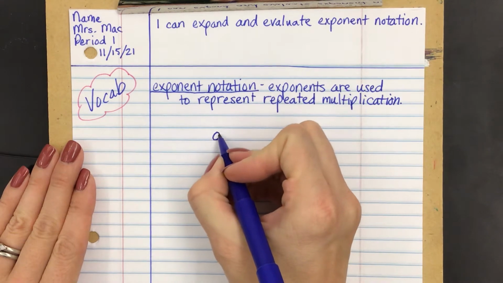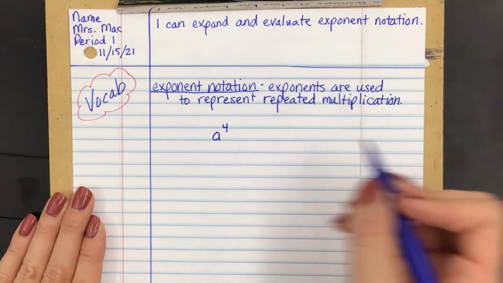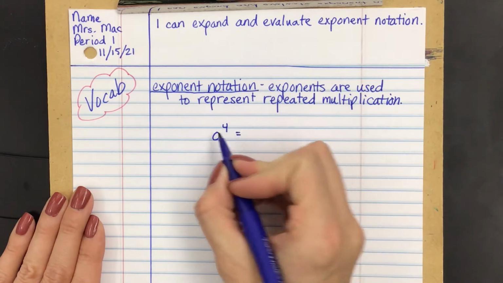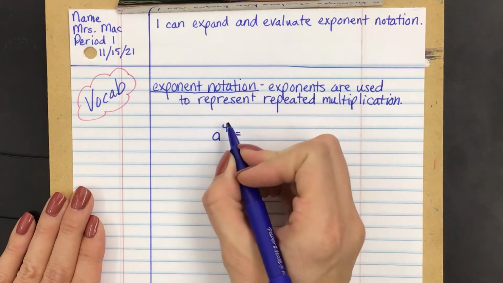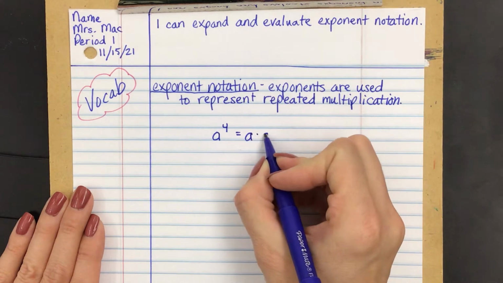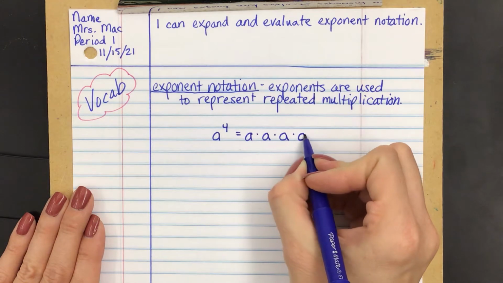Let's do a to the 4th power. Now, when we write this out as repeated multiplication, what we're doing is we're saying we're multiplying a together 4 times. So this is a times a times a times a.